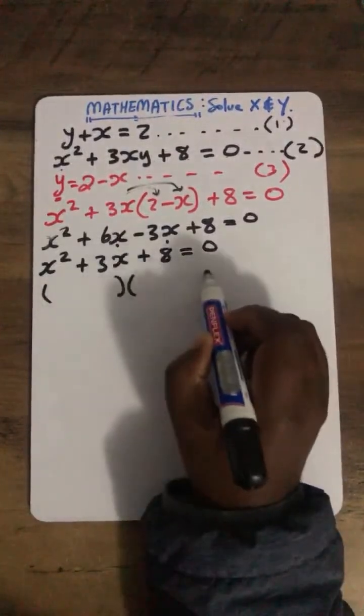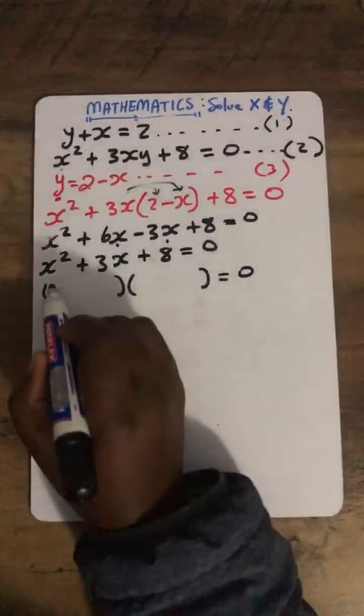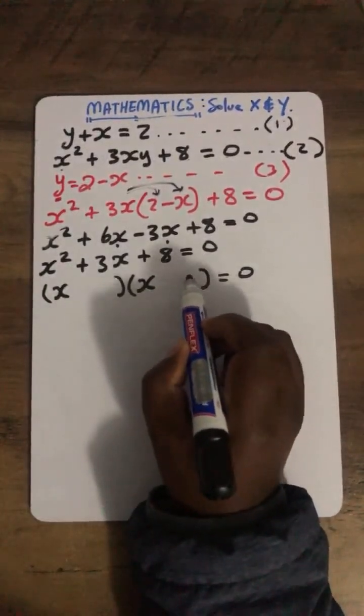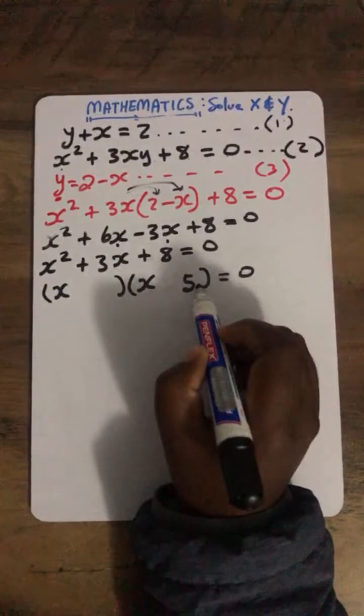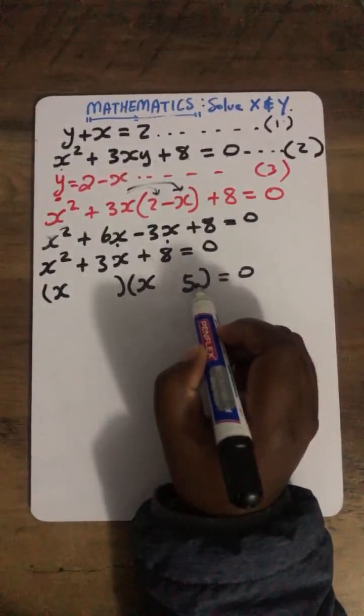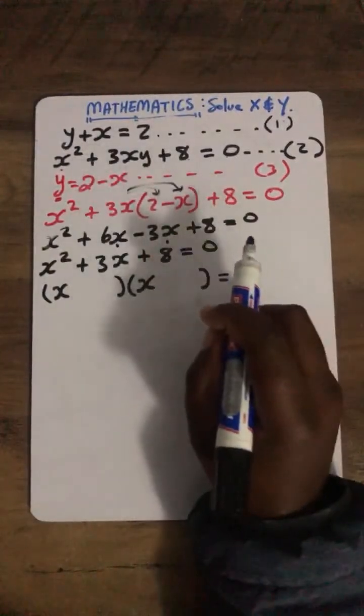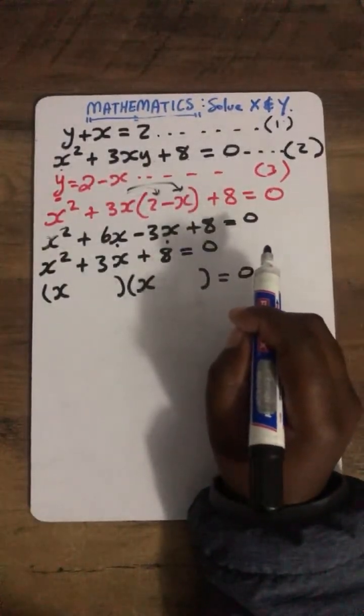What you therefore need to do is to factorize where you've got your x, you've got your x, again.